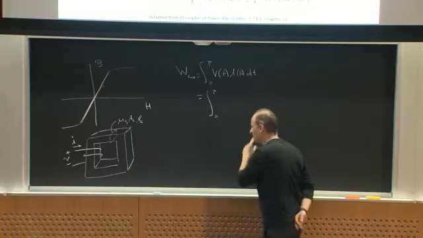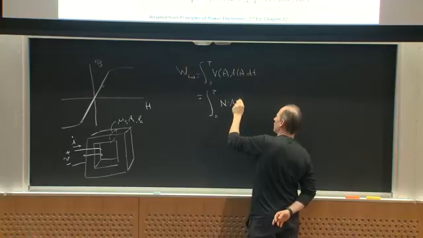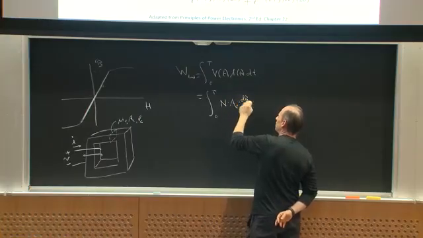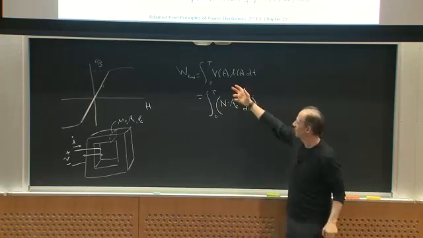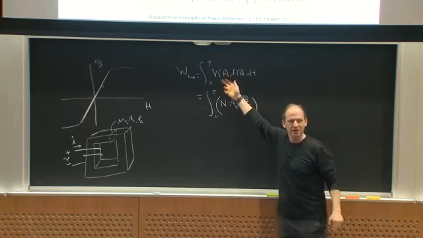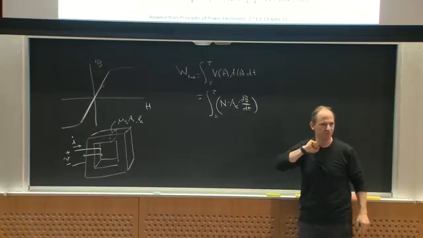What is V? V is equal to N times the area of the core times dB dt, right? Why? Because V is d lambda dt and lambda is N B AC, so then I have N AC times dB dt.